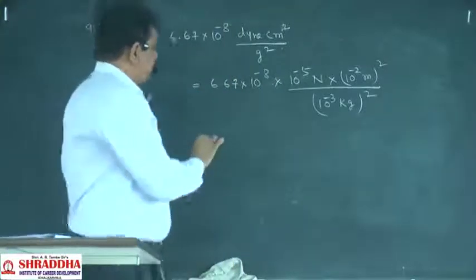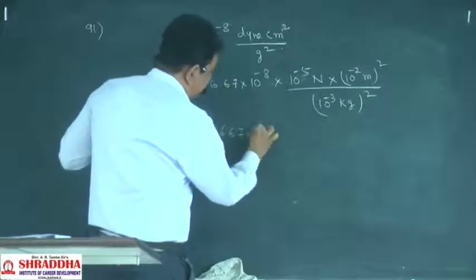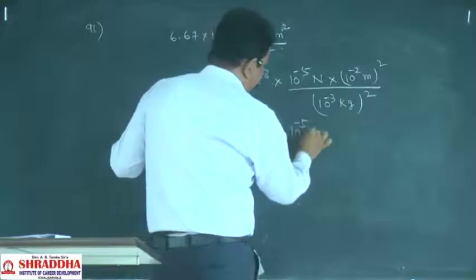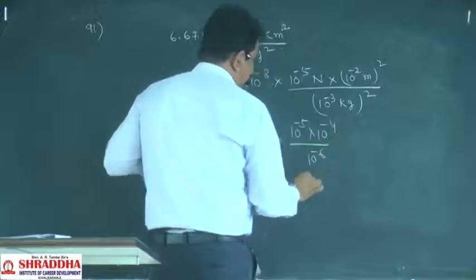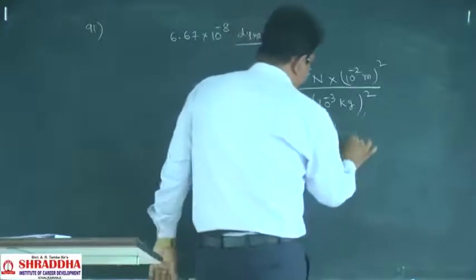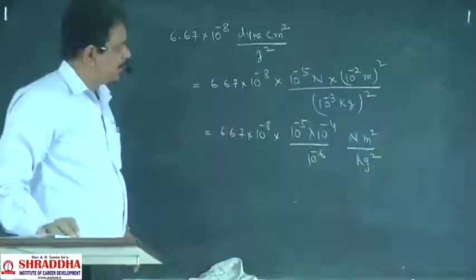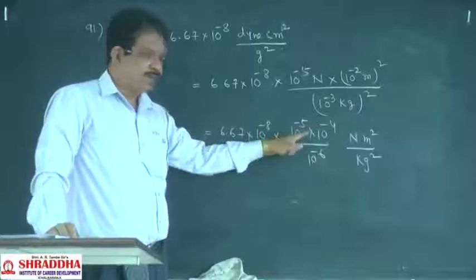So this value 6.67 into 10 power minus 8 minus 5 minus 4 minus 6 Newton meter square per kg square. Clear? Minus 9 minus 6 means minus 3.